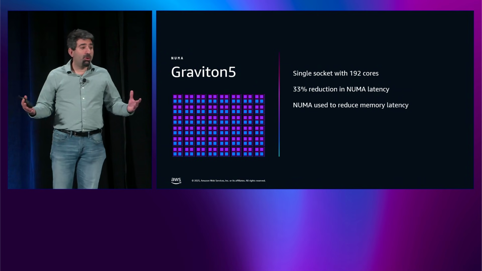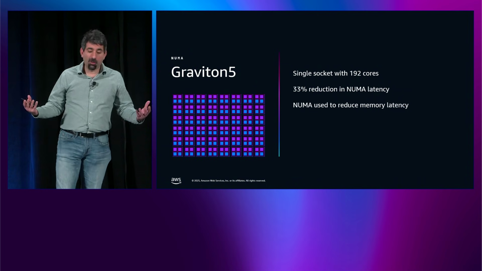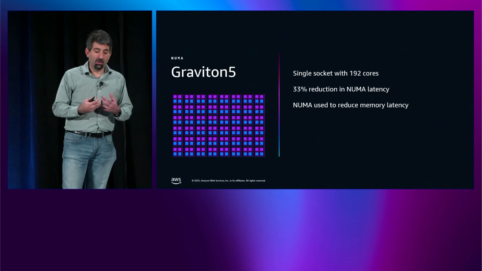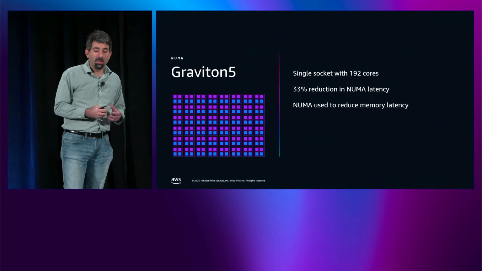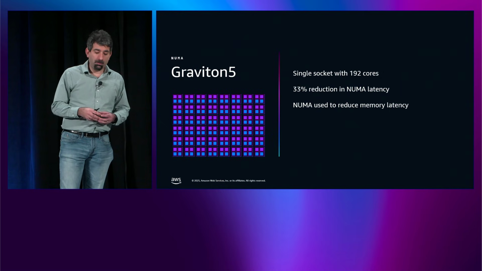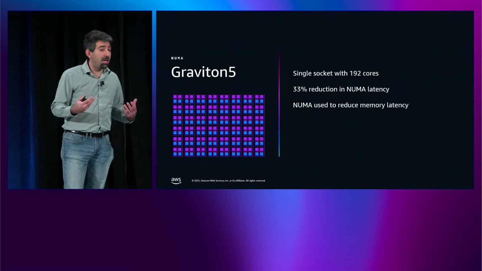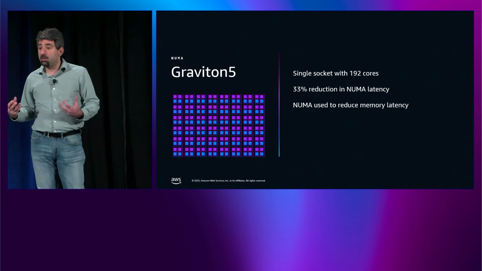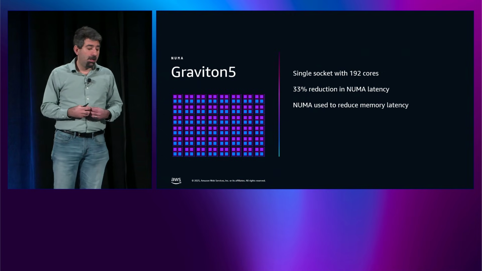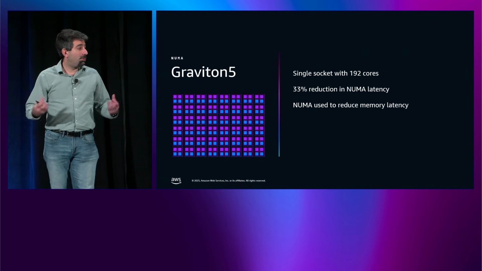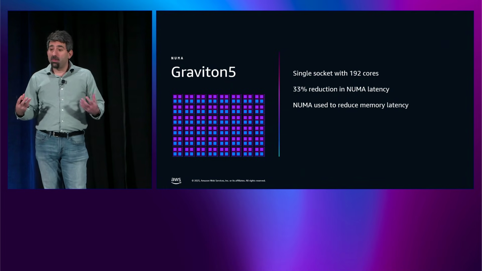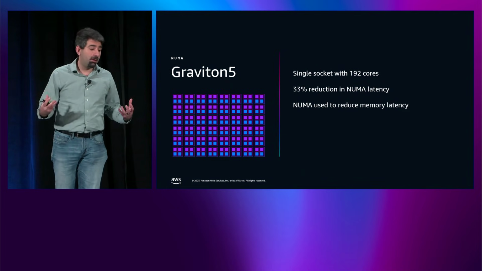With Graviton 4, we had 2 sockets of 96 cores each. Now we put all those cores on one socket. Having 192 cores let us see use cases with scale-up applications like databases, EDA workloads. But the fact that we had 2 sockets, and we had the latency between them and the limited bandwidth between them, meant that some of these workloads couldn't scale as well as we wanted.